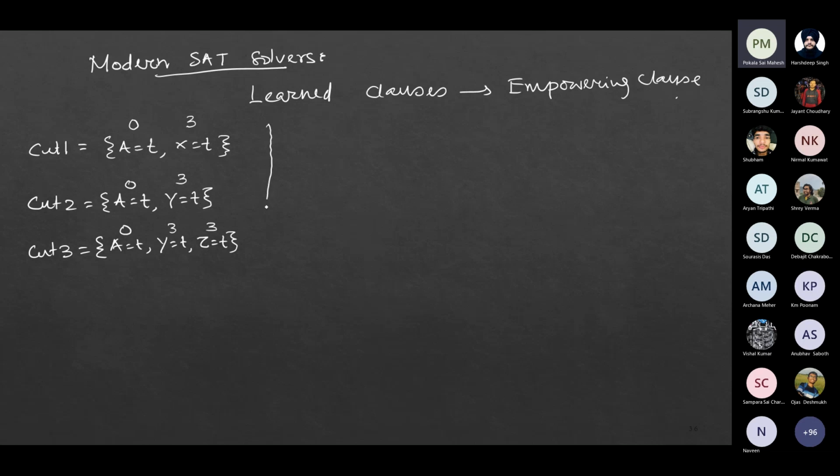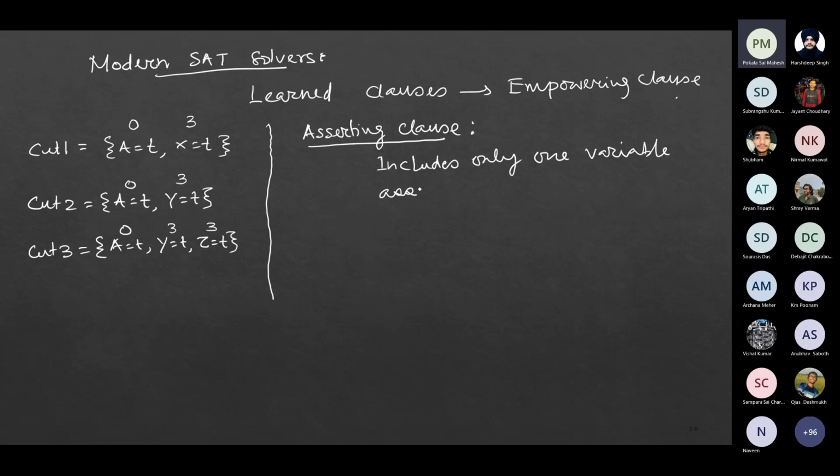Now we define what we call an asserting clause. Asserting clauses are those clauses that include only one variable assignment at the last decision level.